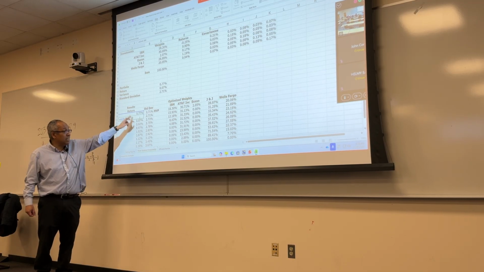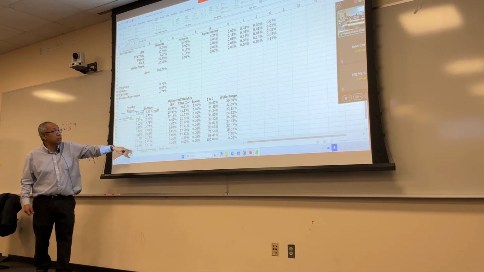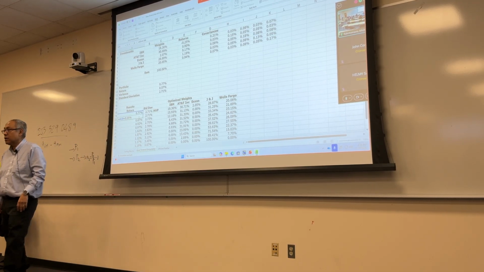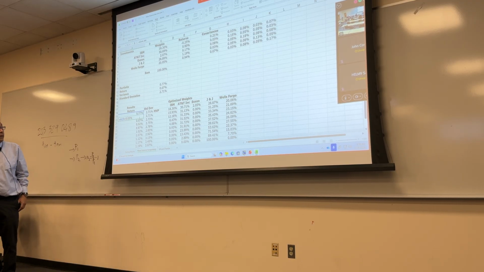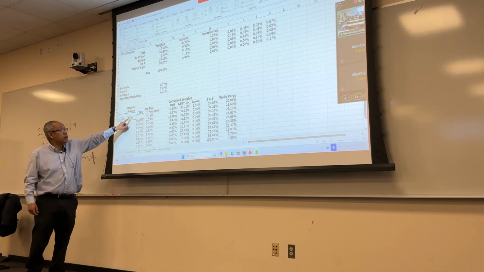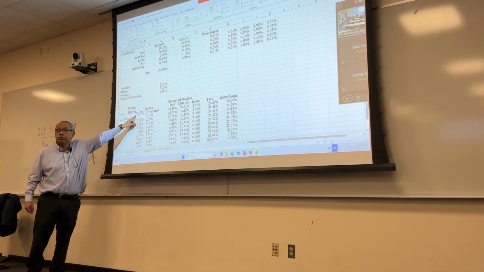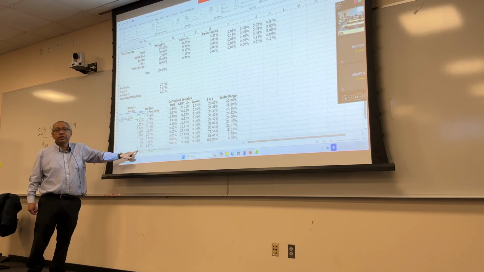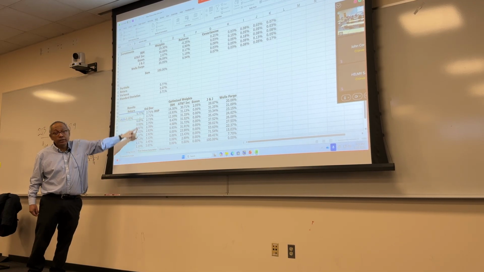Well, it's not equal, right? If you wanted an equal increment, how would you guys do it? By changing the weights, I'm assuming? No, I'm talking about here. How do you fill out this column?